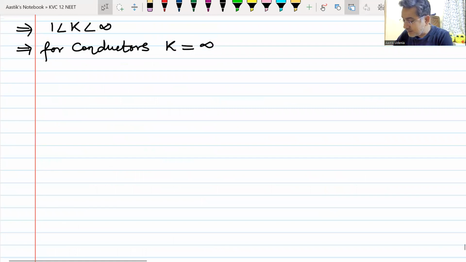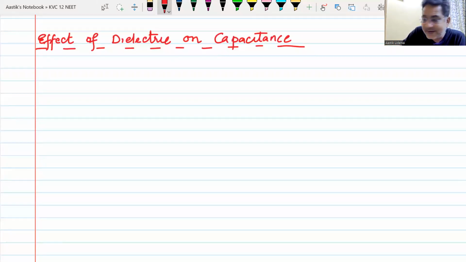The effect of dielectric on capacitance. What is the effect of dielectric on capacitance?